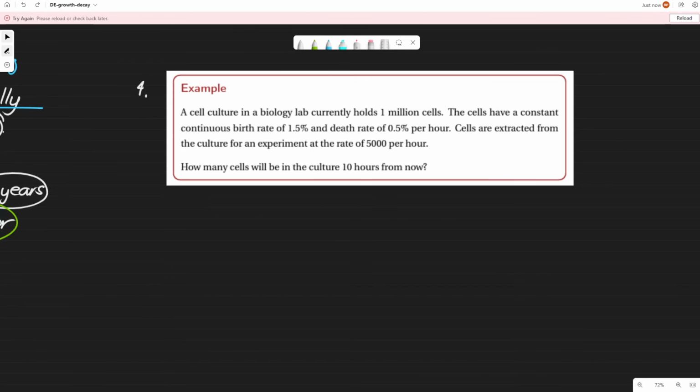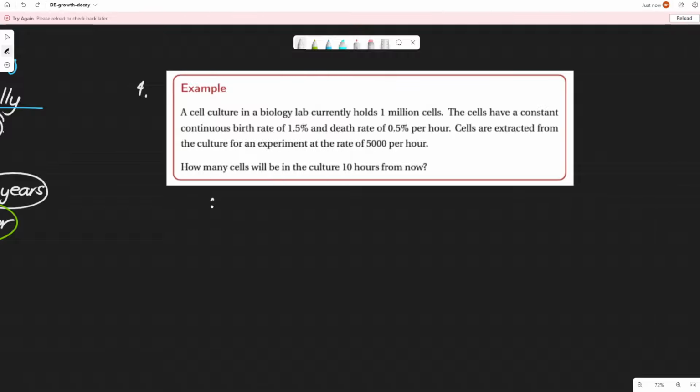The cells have constant continuous birth rate of 1.5% and death rate of 0.5% per hour. Cells are extracted from the culture for an experiment at the rate of 5,000 per hour. Now the question is, how many cells will there be in the culture 10 hours from now? 10 years, tagal nun.